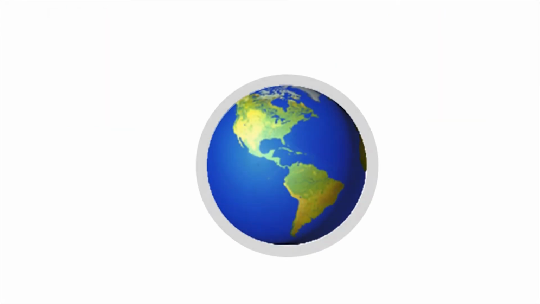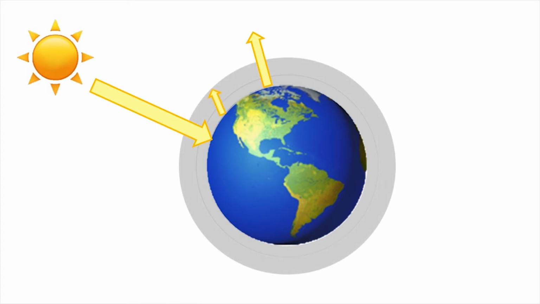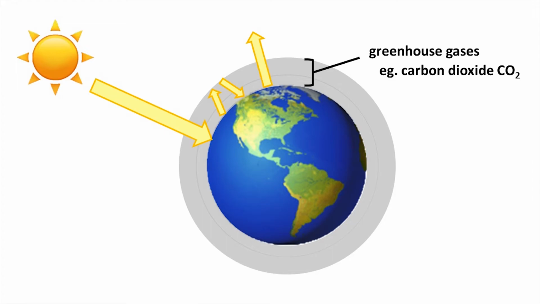Over the past decades, a variety of human activities have caused a rapid increase of carbon dioxide in the atmosphere. Carbon dioxide is one of the greenhouse gases. That means it is one of the gases that can trap heat from the sun and keep the earth warm. This phenomenon is called the greenhouse effect.